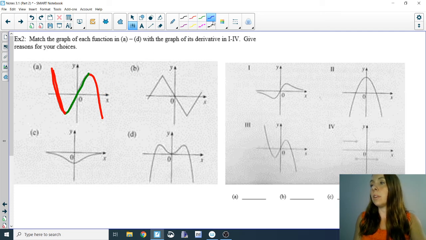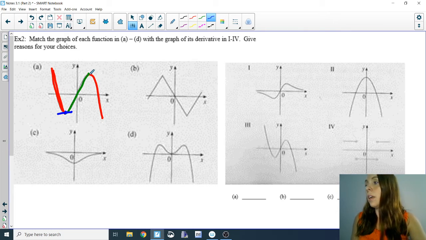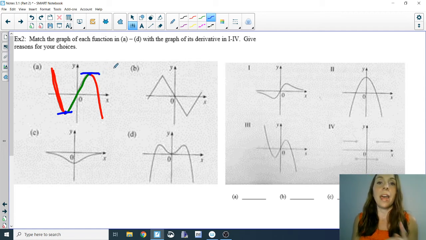And finally, I'm going to grab my blue color. I see that there is a turning point, which I can establish as a horizontal tangent. Like if I drew a tangent line at that point, it would be horizontal here, and there is another one up here. Right? The tangent line would be horizontal there. And that means, okay, this is one where students finally, it kind of clicks. They go, oh, the graph of the derivative should have 2 0 points.